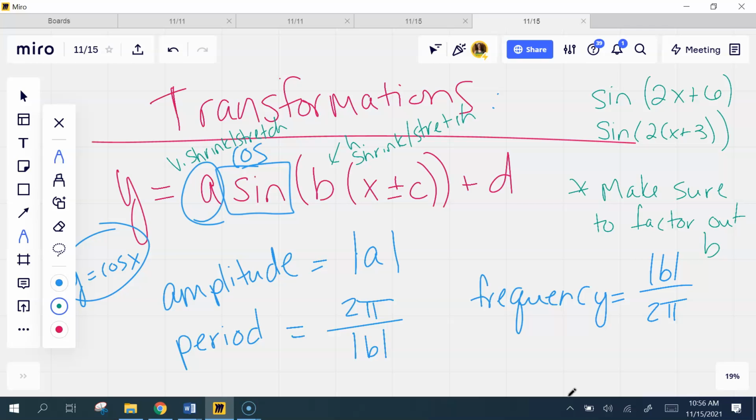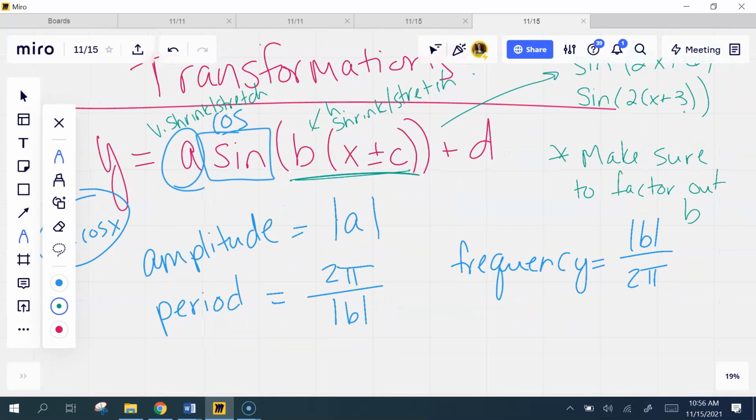It has to be written like this. The coefficient in front of x has to be factored out from the value that follows x. If it's not already written like that, so in this example it wasn't, I had to factor it out. Even if it doesn't factor out nicely, you have to factor it out.